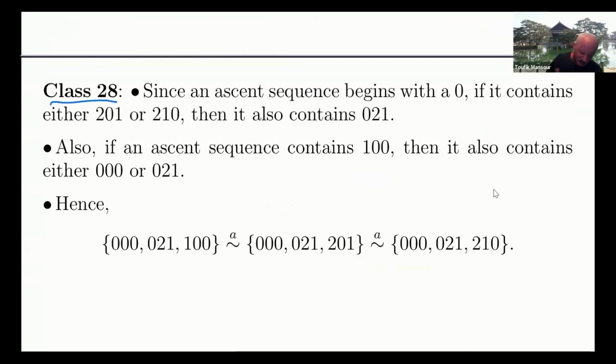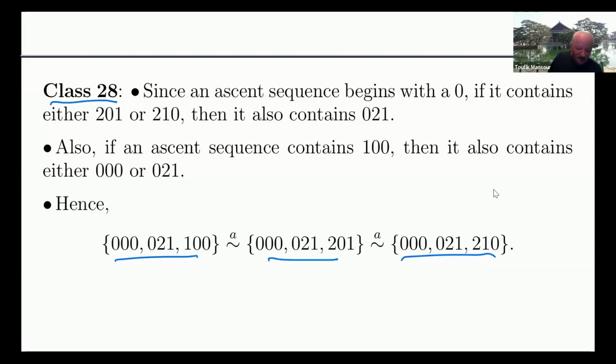So it was another story, another example actually. So I have three sets in this class. I want to show a bijection between them, or that the number of ascent sequences avoiding the first one is the same as avoiding the second one, and the same as avoiding the third one.